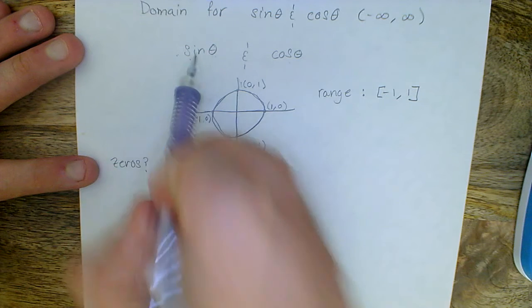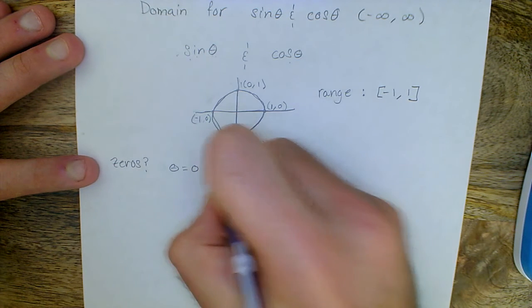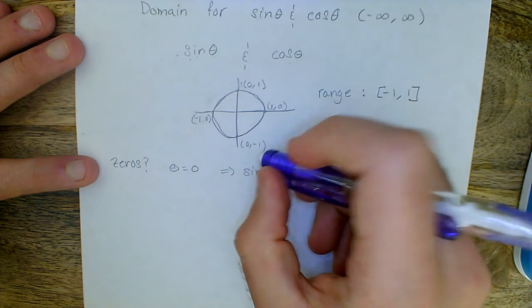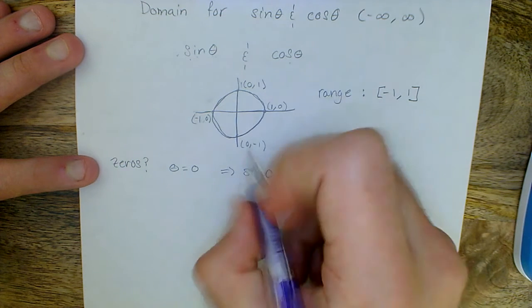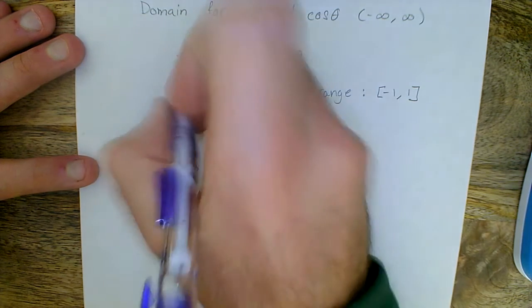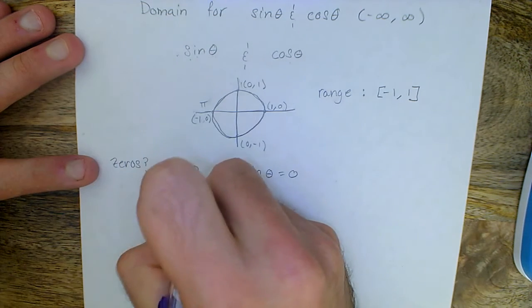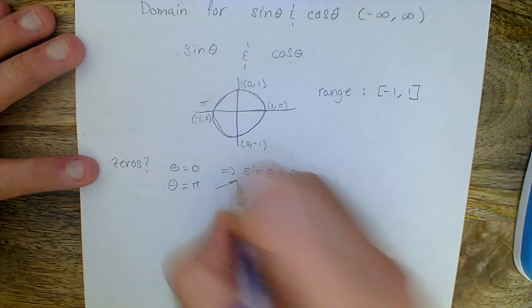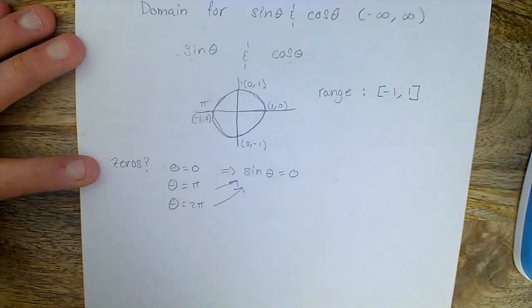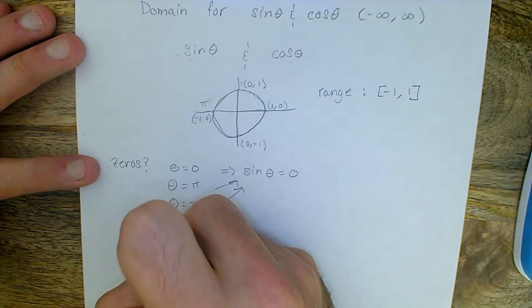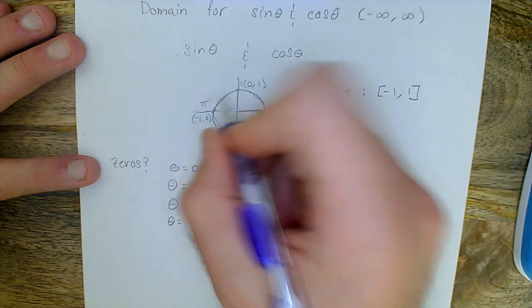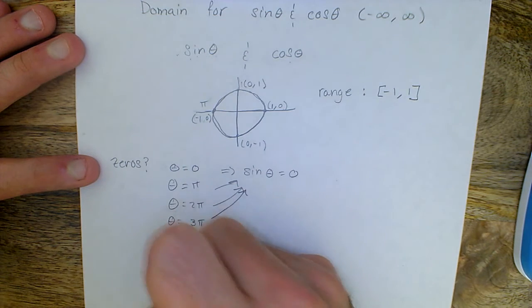If I put 0 in for sine, I get a 0 back. But if I do theta equals pi, and I'm going to do it in radians here, then sine equals 0. Now what if I did theta equals 2 pi? Well, sine still equals 0 because that's all the way around here. What about theta equals 3 pi? That's one rotation and then another one back to here. So still 0.